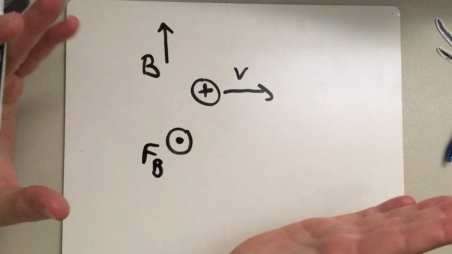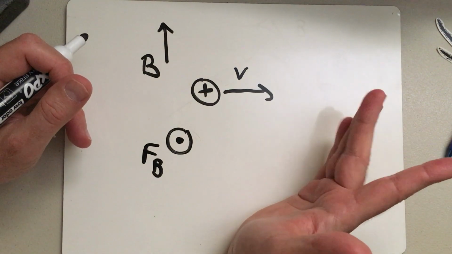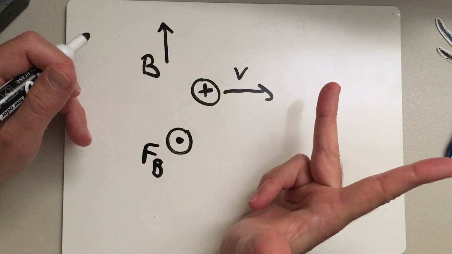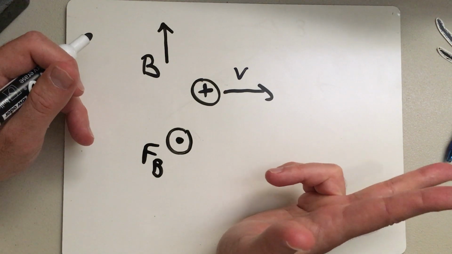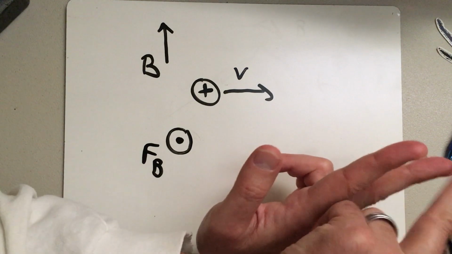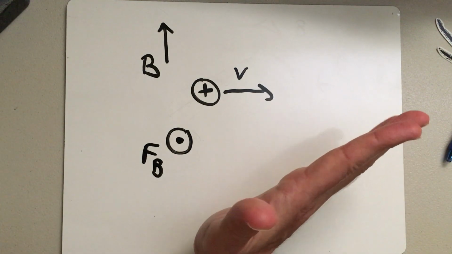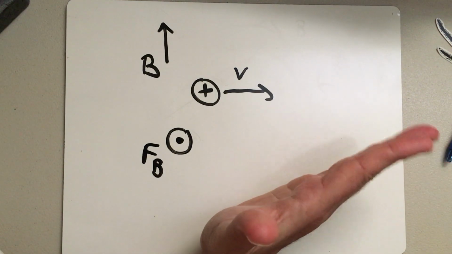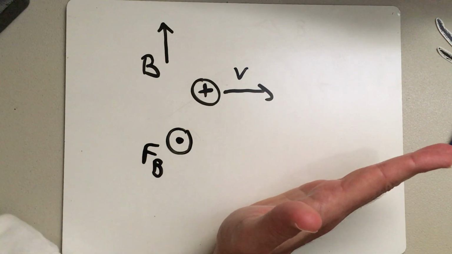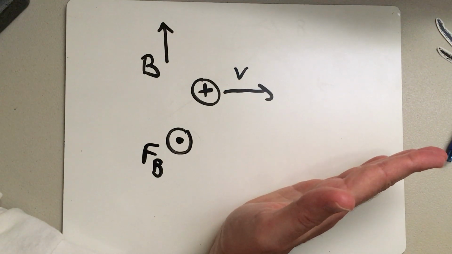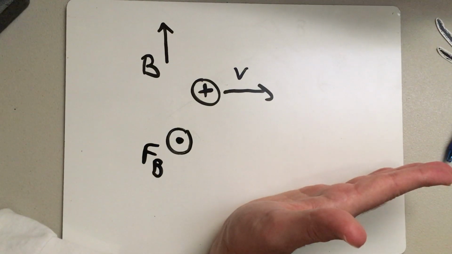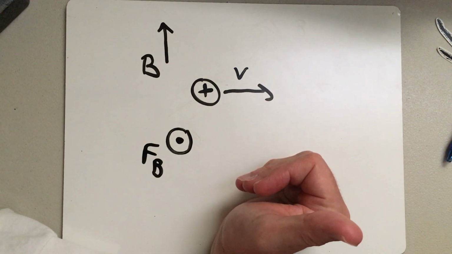But regardless of which method you're using, the thumb represents the force, and you need to recognize a few limits. First of all, let's go back to where we're using the individual fingers. For those of you that are more flexible than I am, you can't stick your middle finger this direction. It can't go backwards. If I'm doing my whole hand, I'm not allowed to bend my fingers back. We start here and you only bend this way. And notice the range of motion. Whether I'm using all the fingers or just the middle finger, it can start here, which is essentially 0 degrees, and can go all the way to 180.